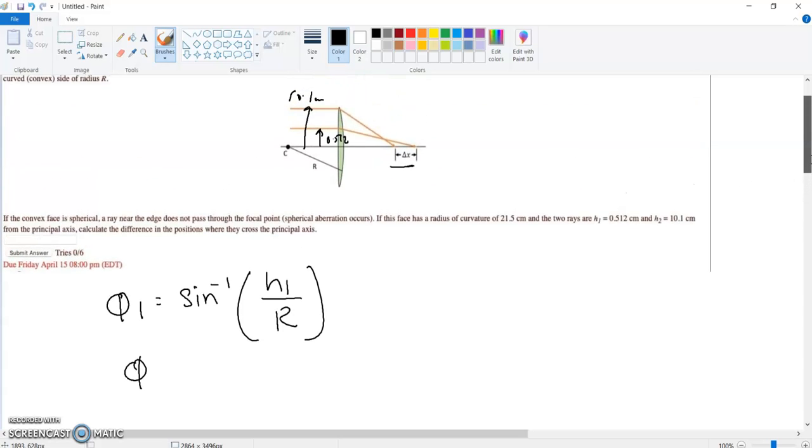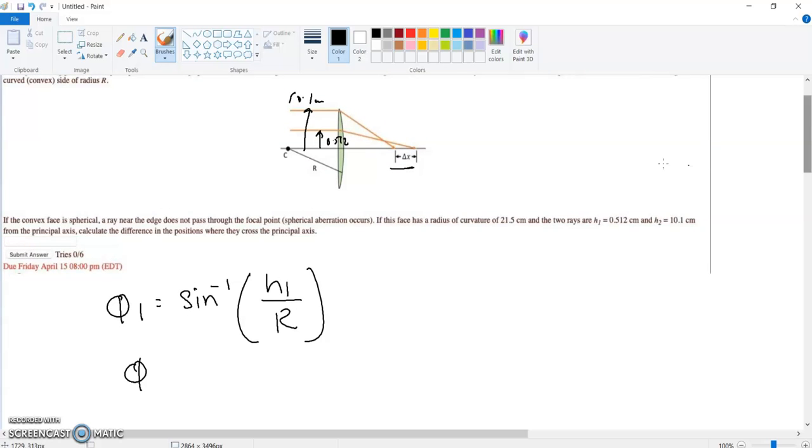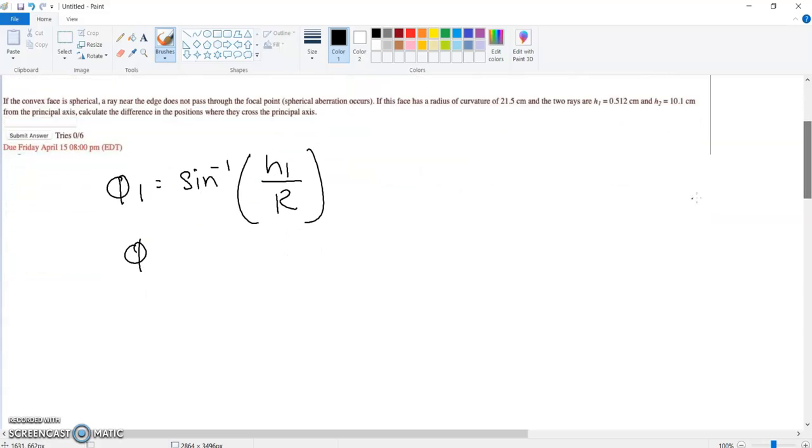Radius of curvature r is given, height is given. So that's a triangle, and I'm trying to figure out the third length of the triangle. So that should give me sine inverse of height 1, which was 0.512, divided by the radius of curvature, 21.5.